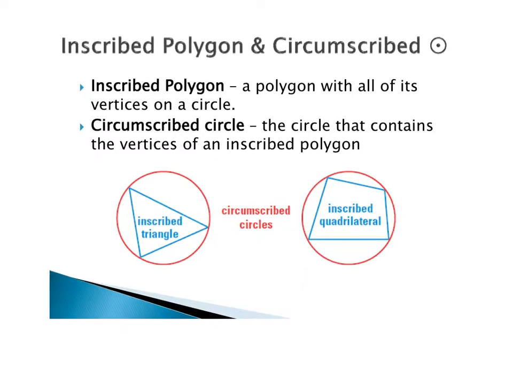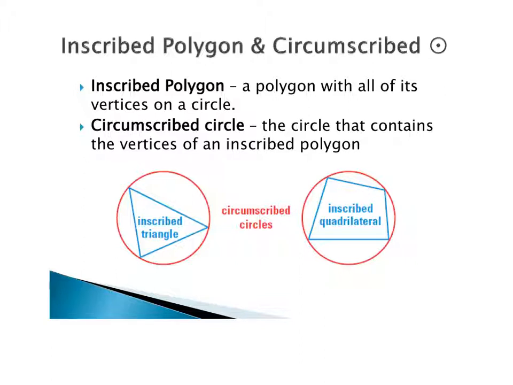Now we're going to talk about inscribed polygons and circumscribed polygons. An inscribed polygon is a polygon with all of its vertices on a circle. So basically, think of the word inscribed like it's saying the word inside. In this first picture, the triangle is inside the circle, so it's inscribed. It's an inscribed triangle.